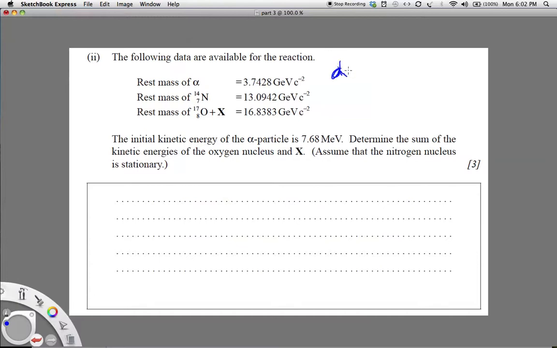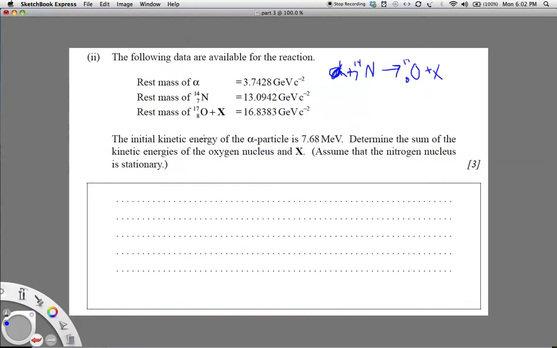Alpha plus nitrogen 14 yields oxygen 17 plus X. I know that looks really bad, but there we go.